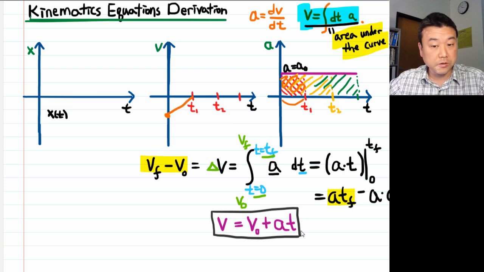And in the additional time from t1 to t2, the velocity continues to change by the amount of area here. So let me continue drawing the straight line. And from t2 to the final time t, the velocity continues to change by the amount of this area here. So that's the velocity graph.